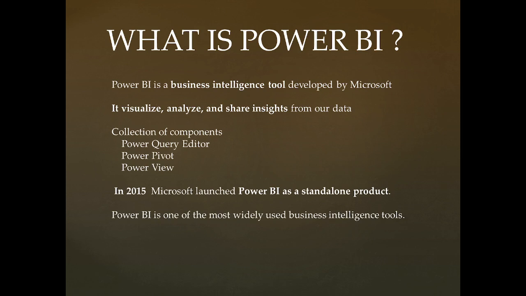Now Power Pivot. Power Pivot is used for data modeling. We have data from multiple sources. We can connect them and create relationships between them. What is Power View? We can create 250 plus charts like bar charts, donut charts, and etc. for visualization in Power BI.